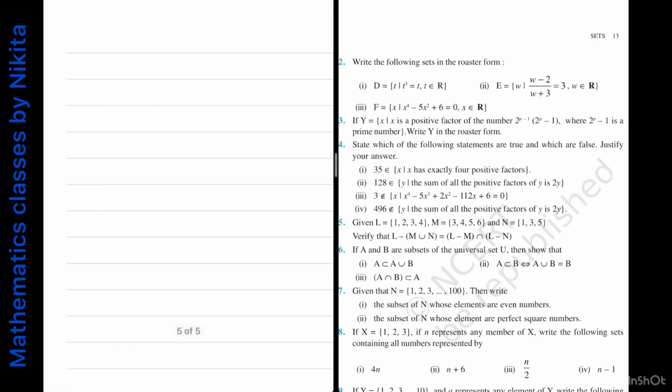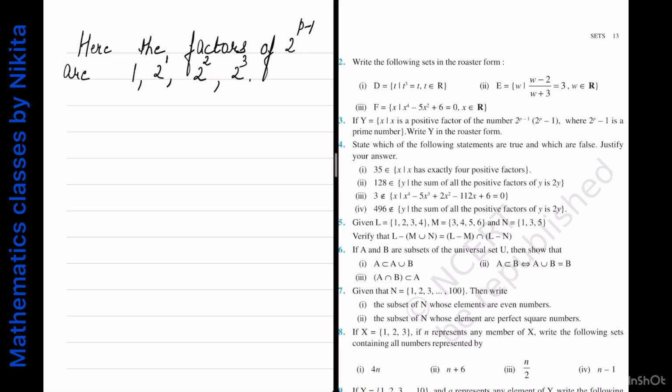So here the factors of 2 to the power p minus 1 are 1, 2, 2 to the power 2. So this is 2 to the power 1, then 2 to the power 2, then 2 to the power 3 and so on up to 2 to the power p minus 1, that is the number itself. तो अगर ये सारे numbers इस number को divide कर सकते हैं, so they are also the divisors of that whole number.